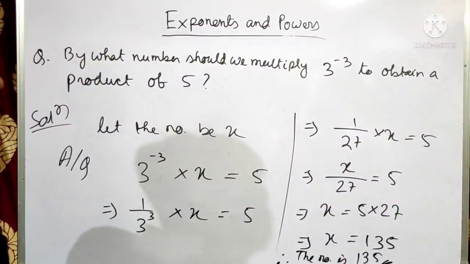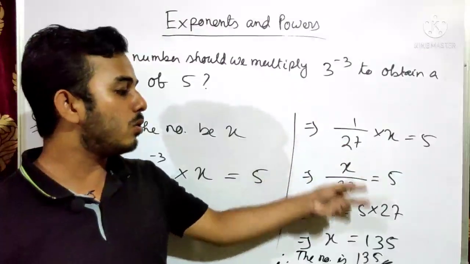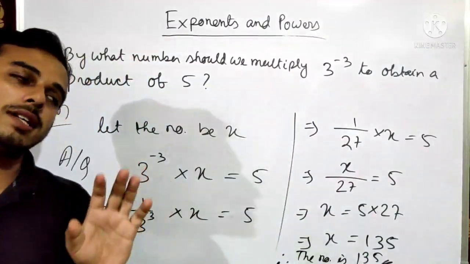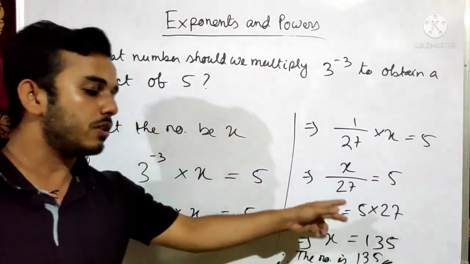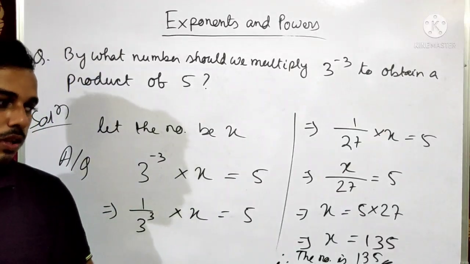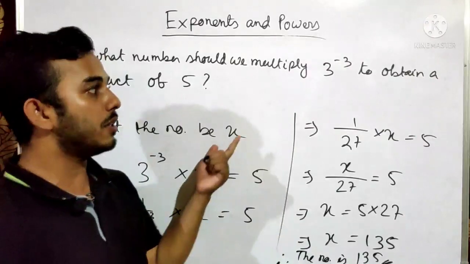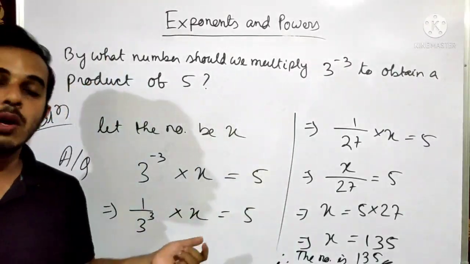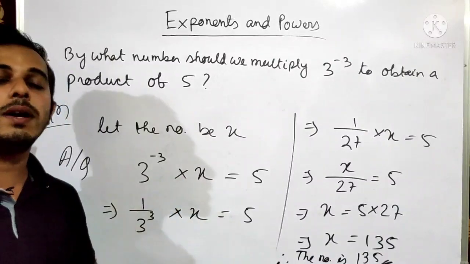You can verify: multiply 1 by 27 into 135, and the result must come 5. If it is not 5, that means our answer is wrong. I hope this is clear to you. Many more questions may come like this, that is by what number we should multiply this, or by which number we should divide this. If there is divide in the middle, we have to put the divide sign.